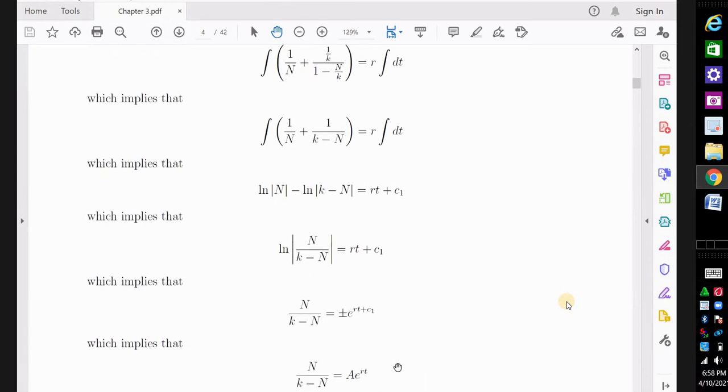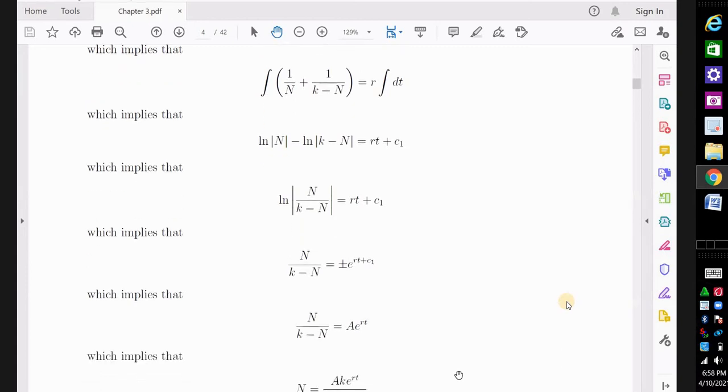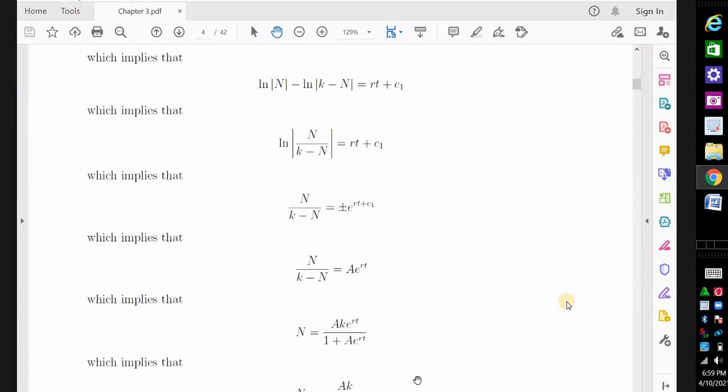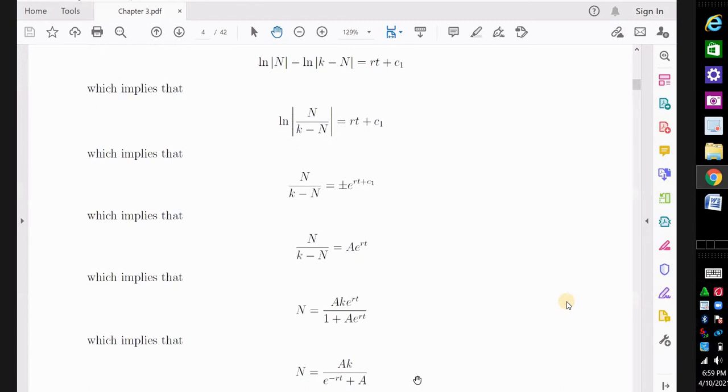So you can see plus minus exponential c1, you can say that to be some constant a. So n over k minus n is a exponential rt. So n is, just solving this, you can find n. So n is ak over exponential minus rt plus a.